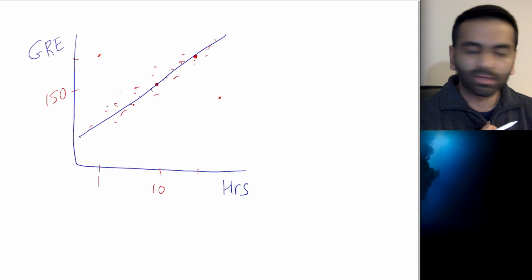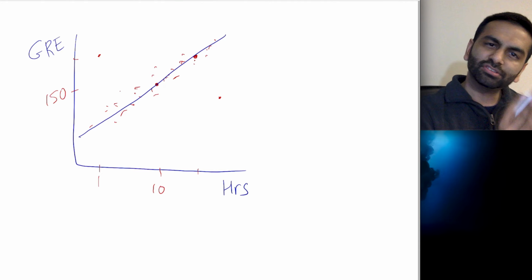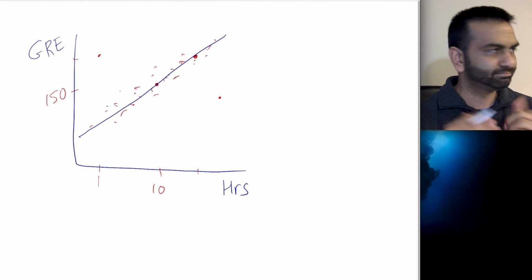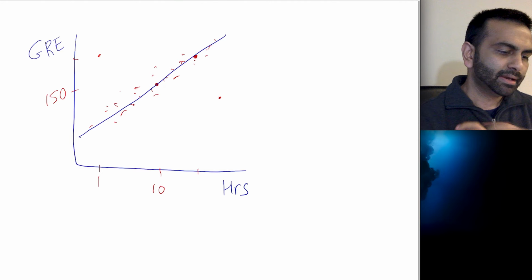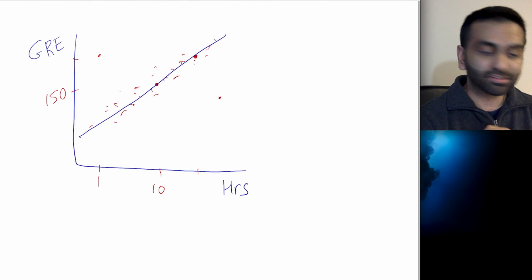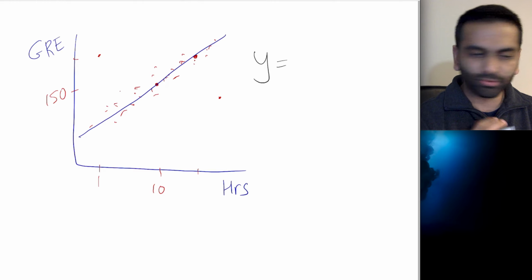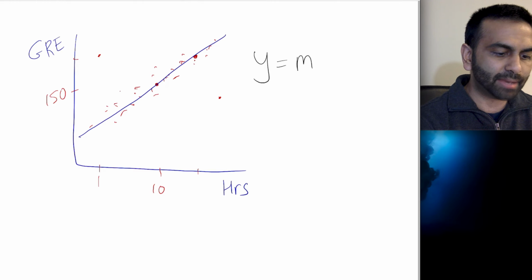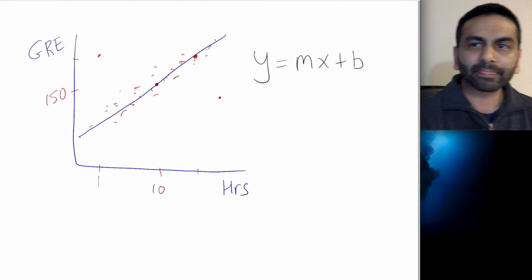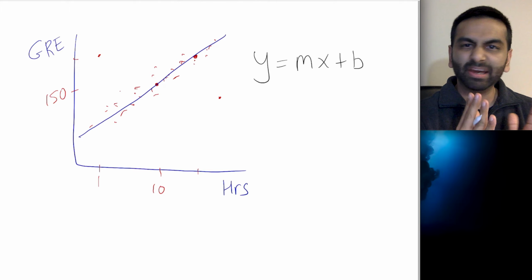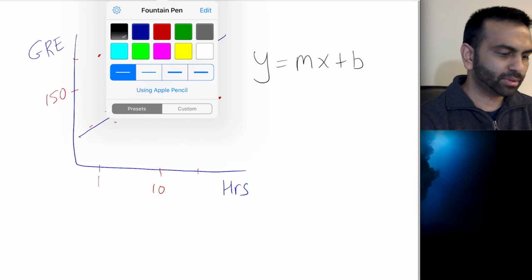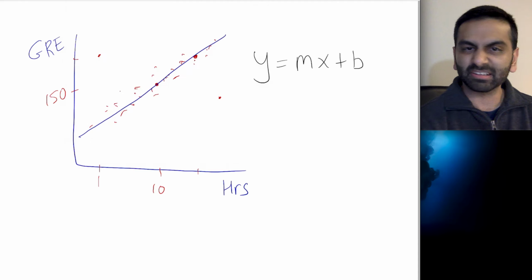Now, just to take a slight detour here, what is a line? A line is essentially something that takes the form y equals mx plus b, right? So again, what is y equals mx plus b?